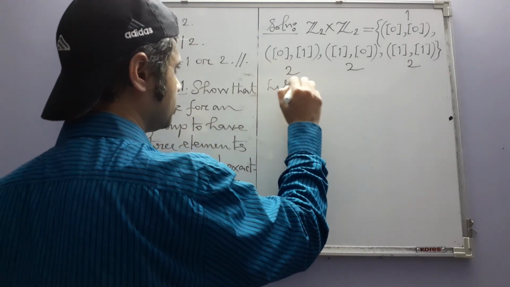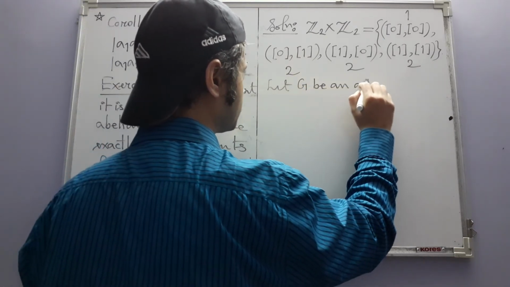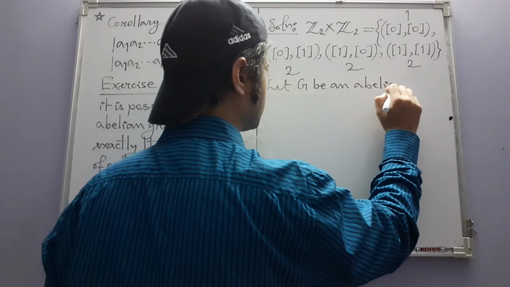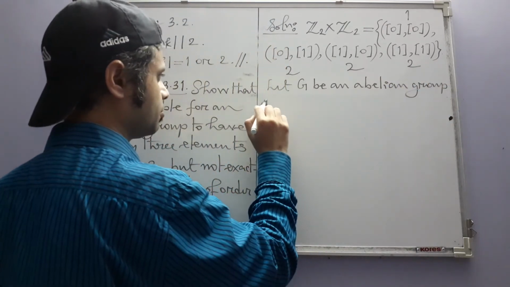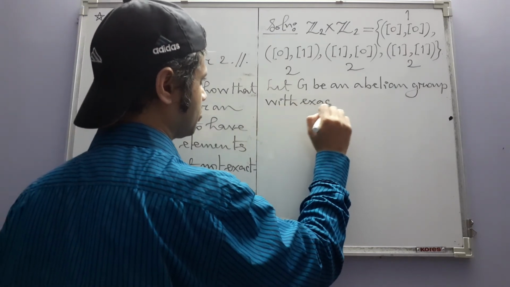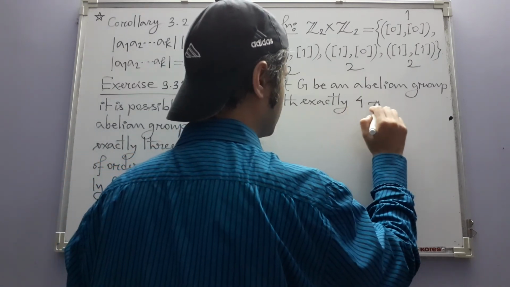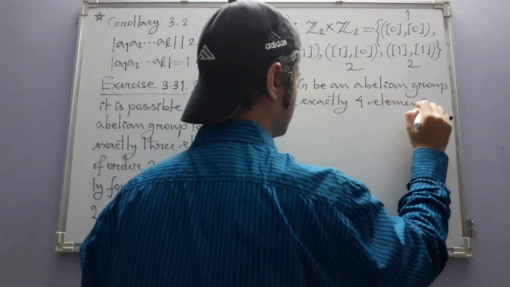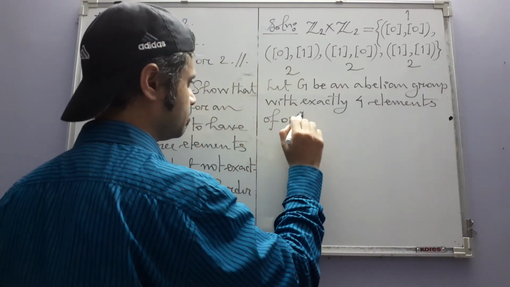Let G be an abelian group with exactly 4 elements of order 2.